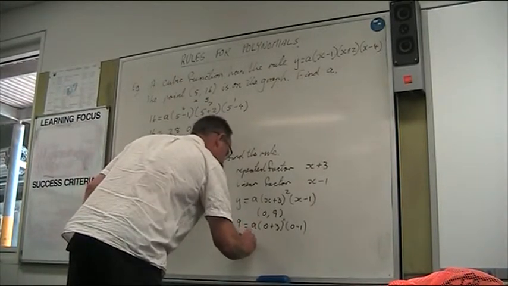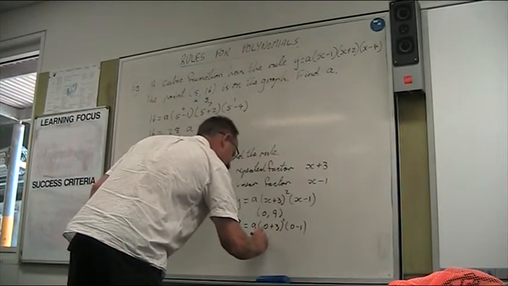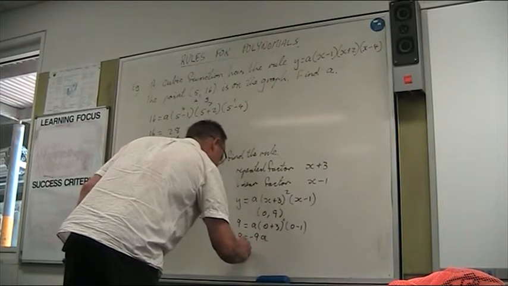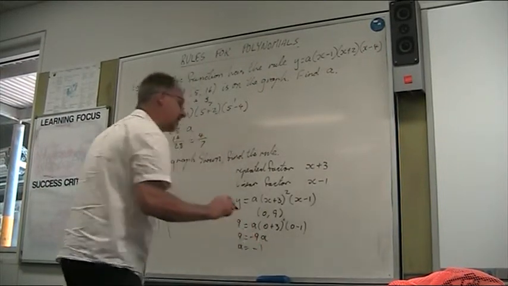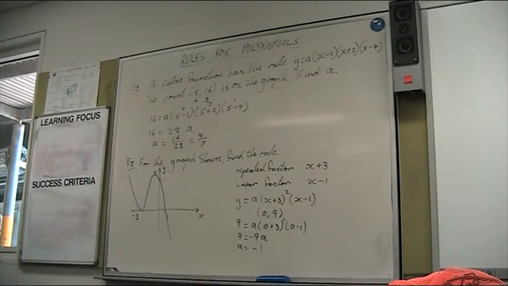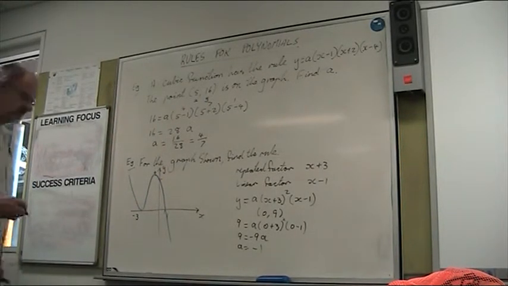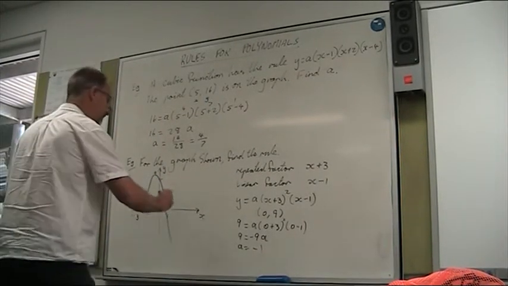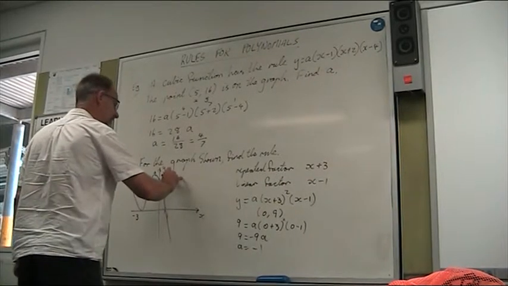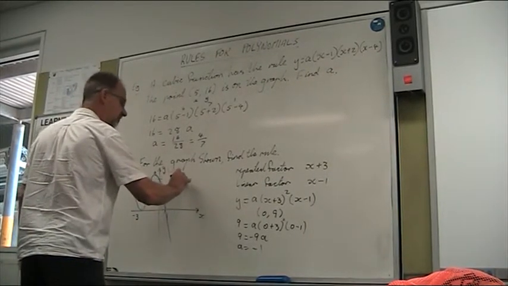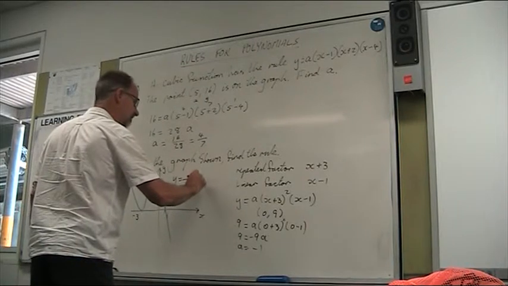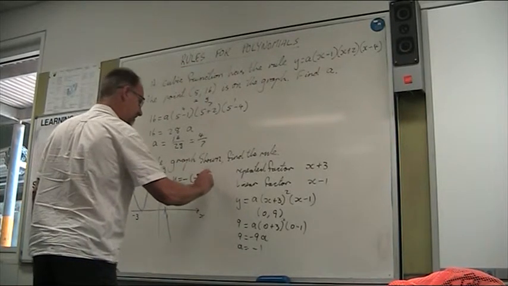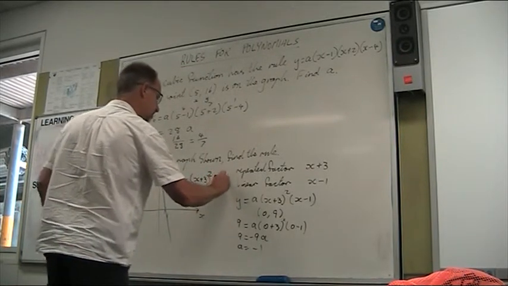So 9 is equal to negative 9a. So a is negative 1. So our rule, I'll write it over here. Our rule then is y equals negative (x plus 3) squared times (x minus 1).